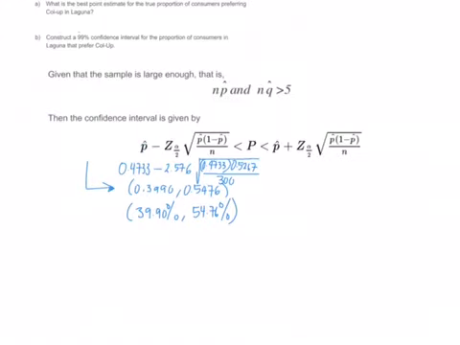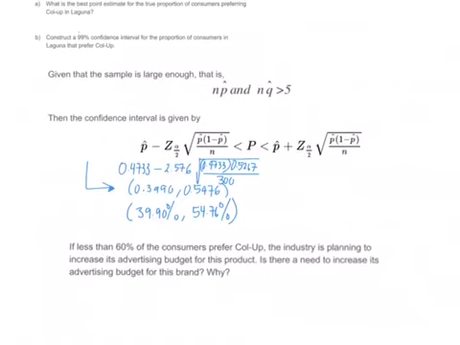Now let us consider a follow-up task. Suppose that it is said that if less than 60% of the consumers prefer Call Up, the industry is planning to increase its advertising budget. Is there a need to increase its advertising budget for this brand, and why? To answer this question, we simply refer to the confidence interval that we have obtained.